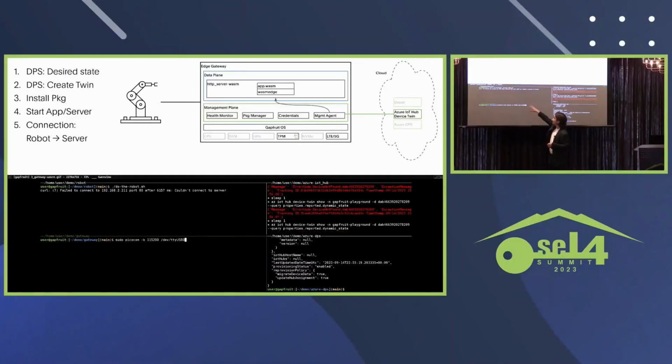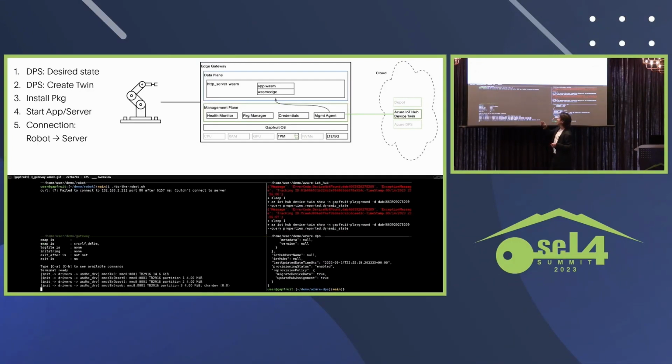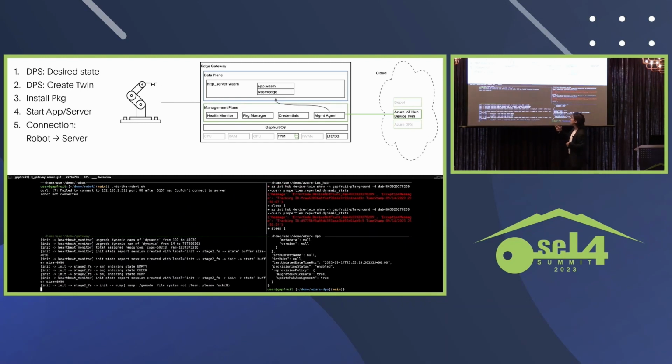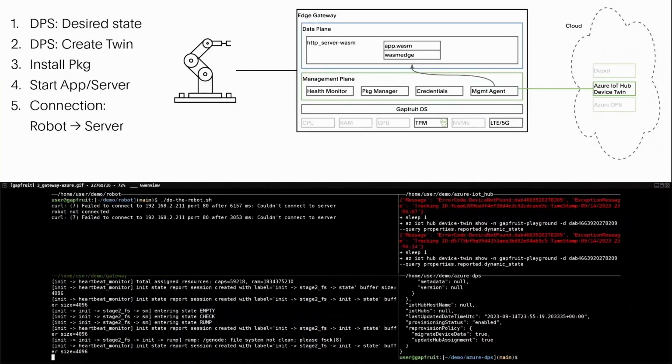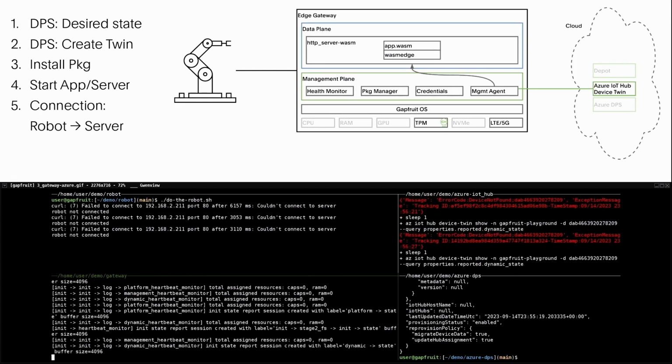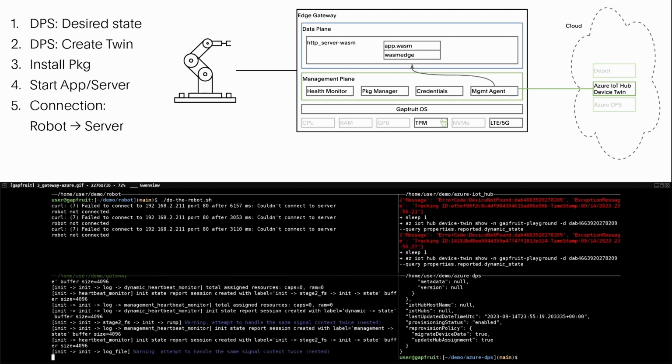On the robot side, I'm also running a script that tries to connect to the HTTP server in a loop until it's successful. On the bottom left, we see the serial output, and we see that the device is booting. And it gives me some information.